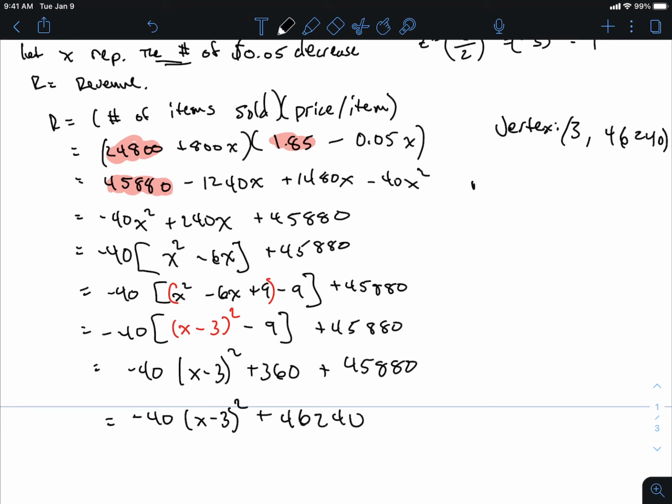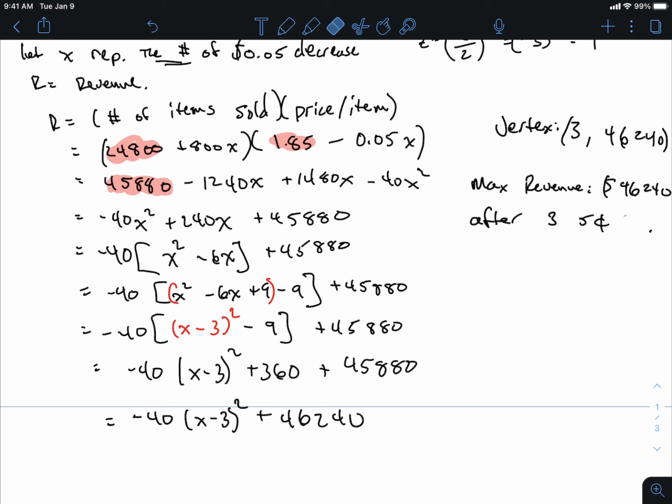It means the maximum revenue would be 46,240 after 3 5-cent increases. Why does it say increase? Sorry, decrease, sorry.